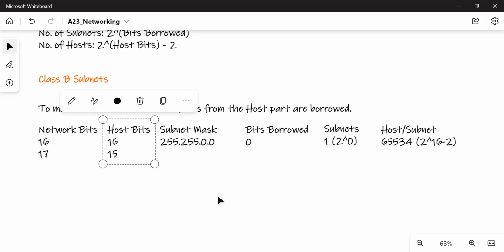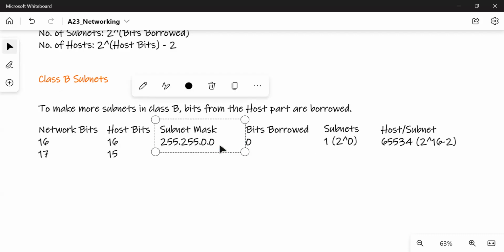Now the subnet mask will be changed, because now this becomes 255.255.